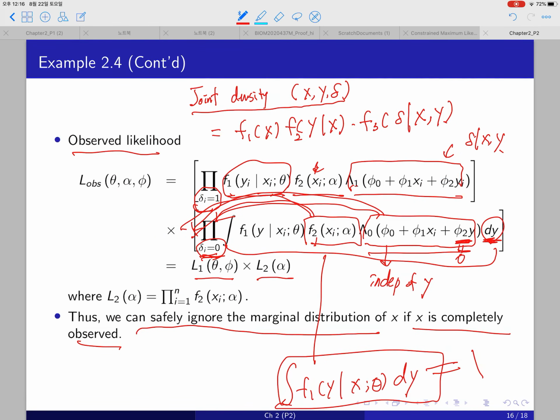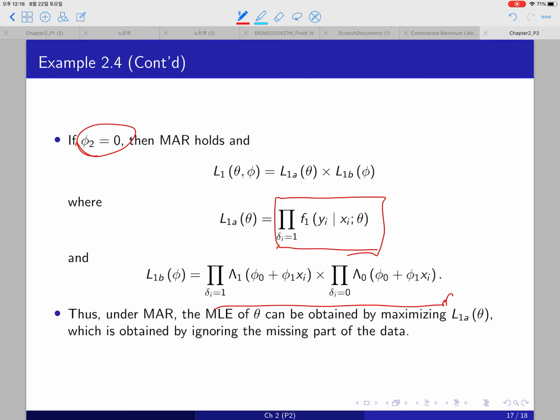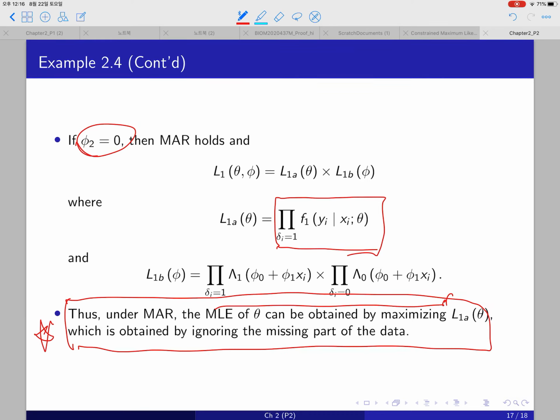So the theta part is only this part, and the phi part you have this way. One very important implication is that under missing at random, the MLE of theta can be obtained by maximizing L1 of theta, which is obtained by ignoring the missing part of the data.